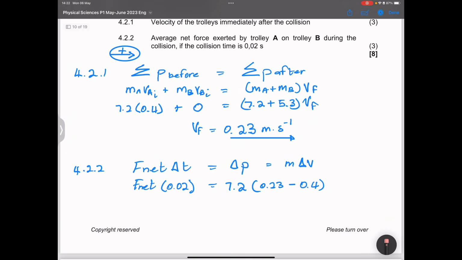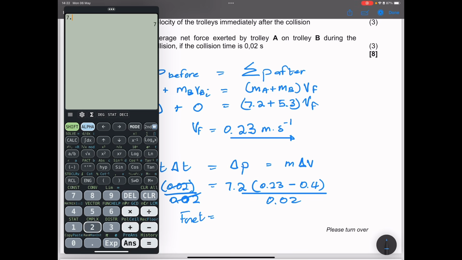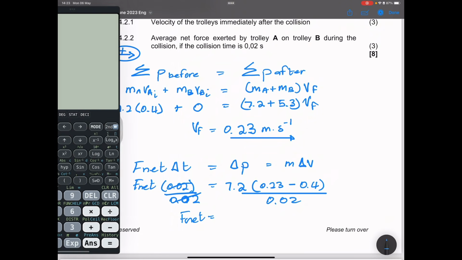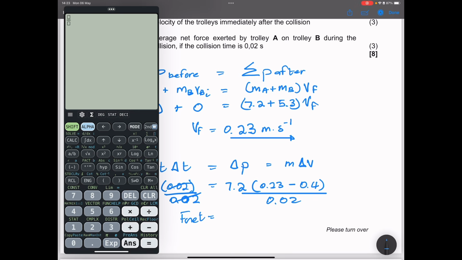And you should be able to get the same answer either way. So I'm going to divide that by 0.02. What I do on the left, I do on the right. So my net force would be 7.2 multiplied by the difference of 0.23 minus 0.4. Okay, and I'm going to divide all of that by 0.02.